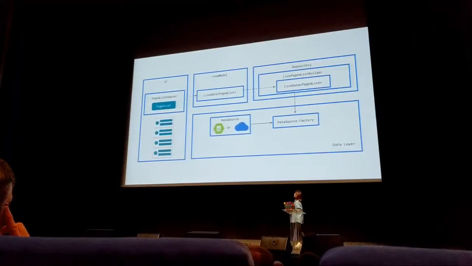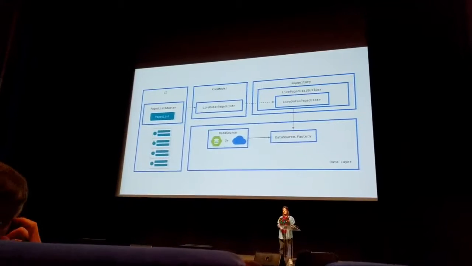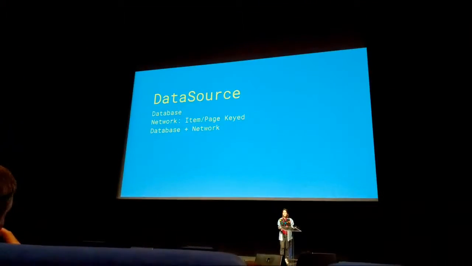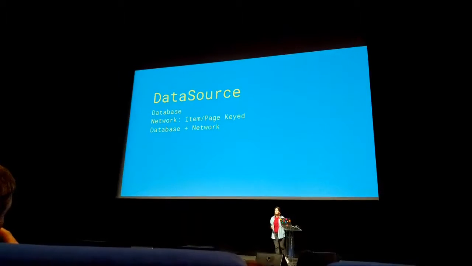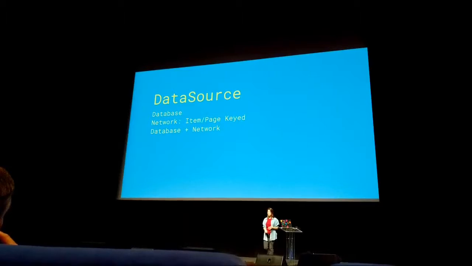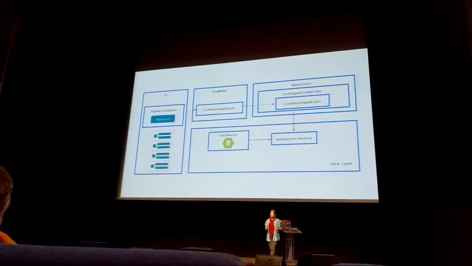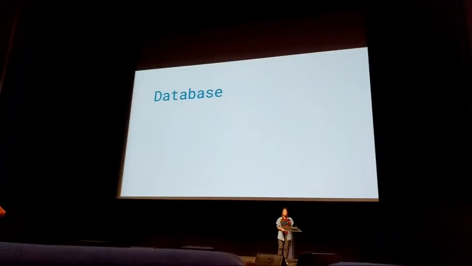Okay, now we keep on adding a few components, but we didn't go into detail into the data source. The data source can either be the database, it can be network, or it can be the database and the network. So let's go over all of these 3 cases. The first one, when the data source is our database.